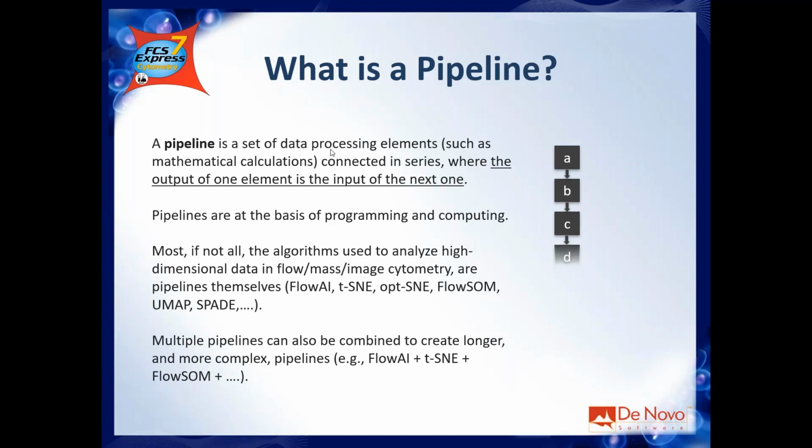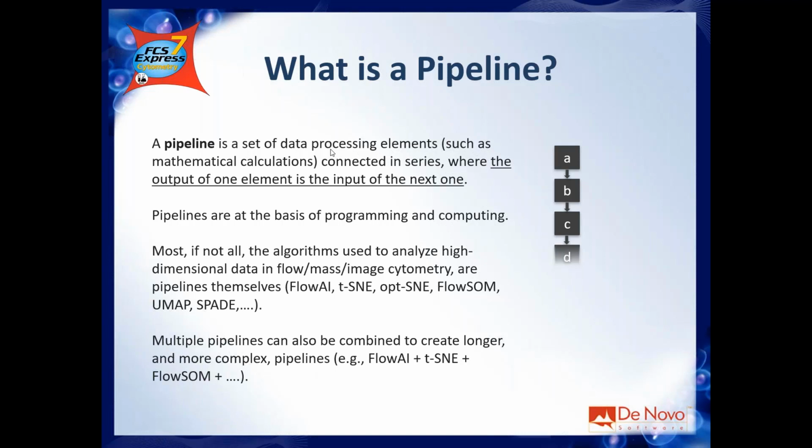Actually, B usually can access both the log transformed and the original data, but what you usually want is to use the log transform at that point. Otherwise, why did you log transform in step A? So again, the key points are that steps are connected in series, and usually the output of one step is the input of the next step.